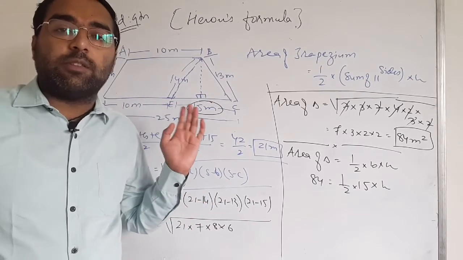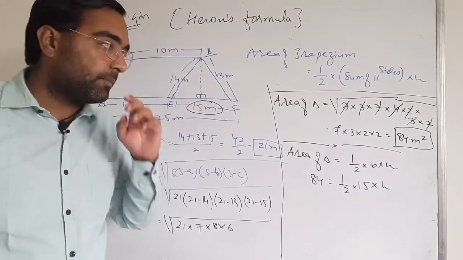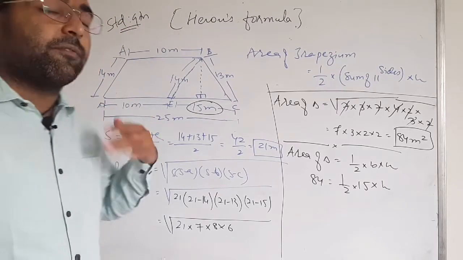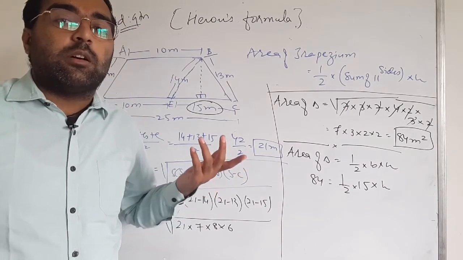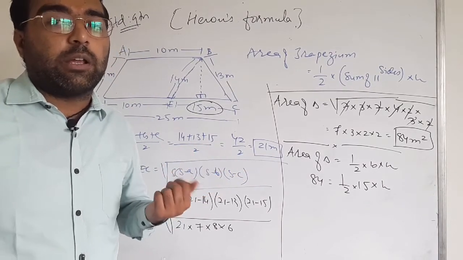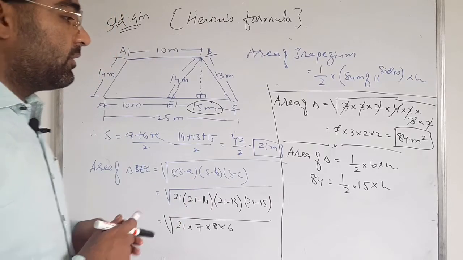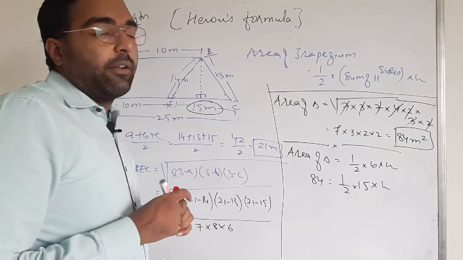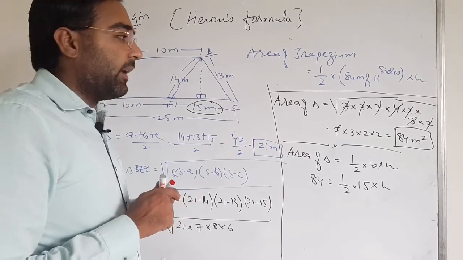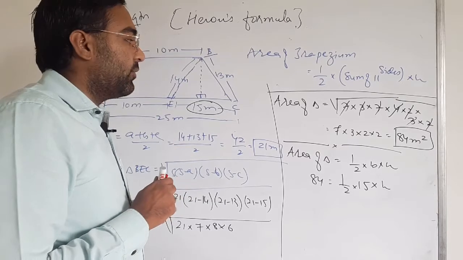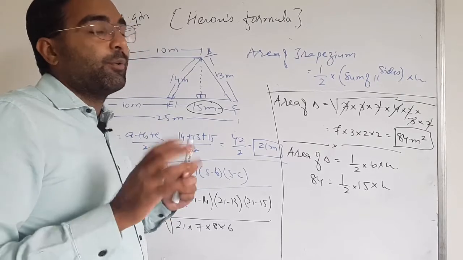There is no change in the area, but there is a different method to solve for the area of the triangle, and the area of the triangle remains the same in any method you use.